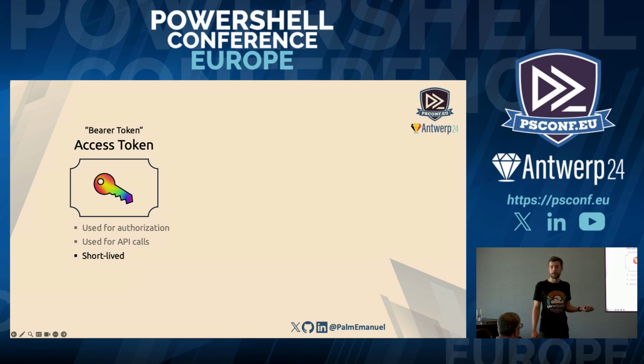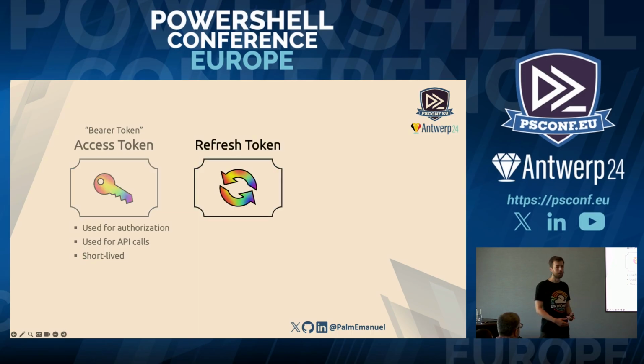So what do you do after an hour? Well, you have another token. You have a refresh token, which is a way to refresh other tokens. It can refresh access tokens when they expire, basically ask for a new one. You never really change the current one because it's already signed. It's immutable. If you change any of the content, the signature no longer is valid.